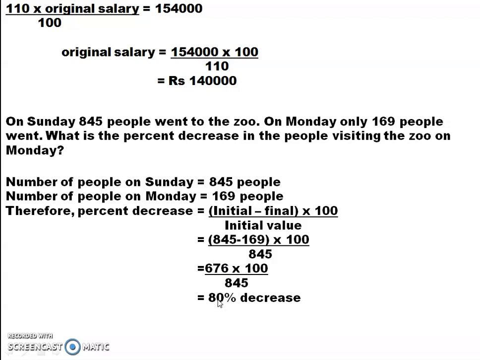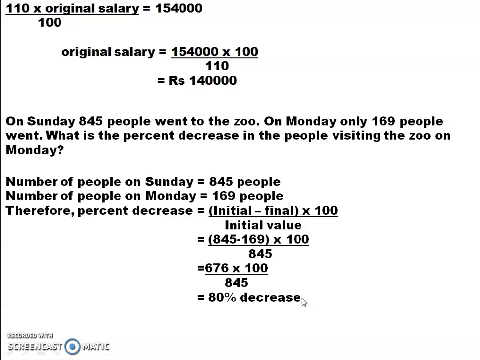Here I will get a positive value. Why? Because I had done 845 minus 169. If you are doing new value minus old value, you will get negative 80%. So you don't write decrease here. Here I am getting a positive value, so I showed that it is a decrease value.